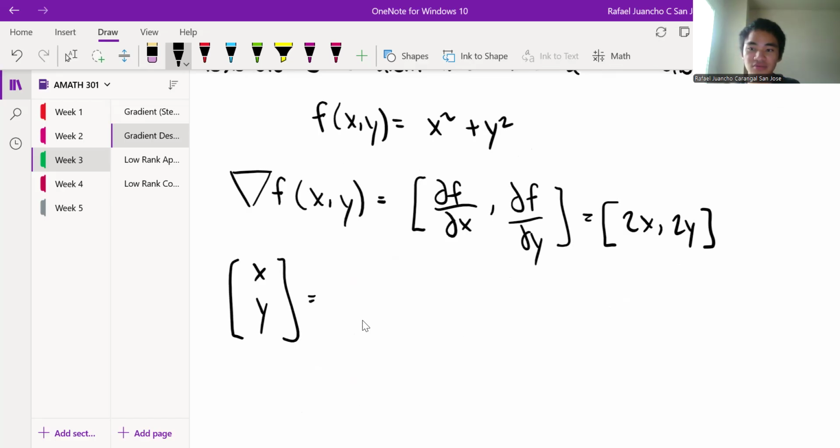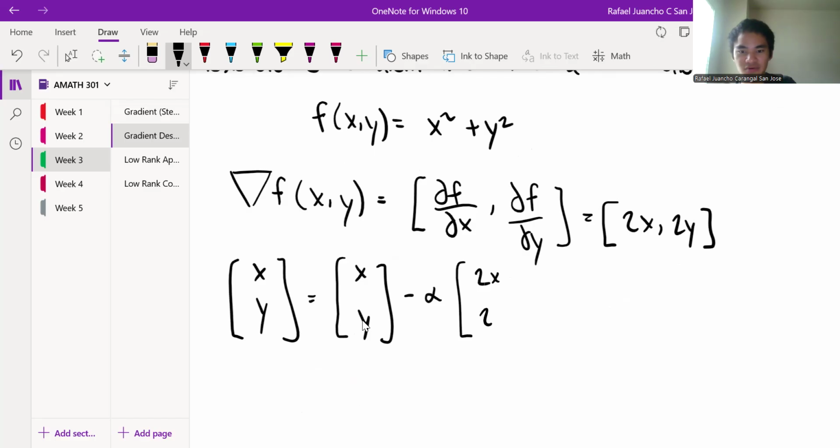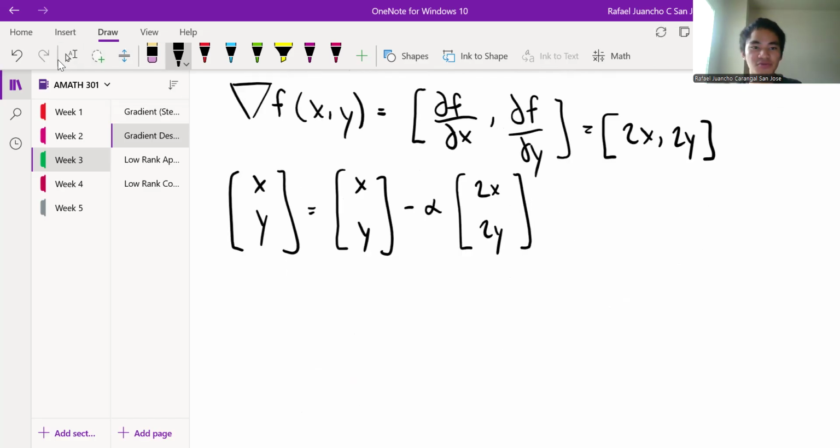Our x old value is going to be this xy, minus alpha, that learning rate, and I multiply that by my derivative, or in this case, my partial derivatives. So that's how we're going to do it.